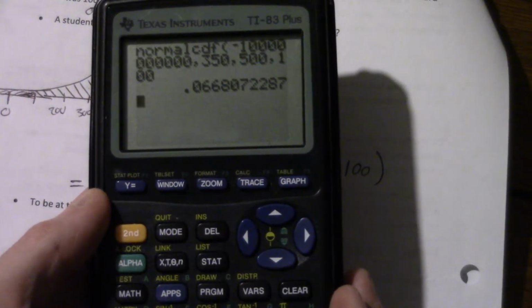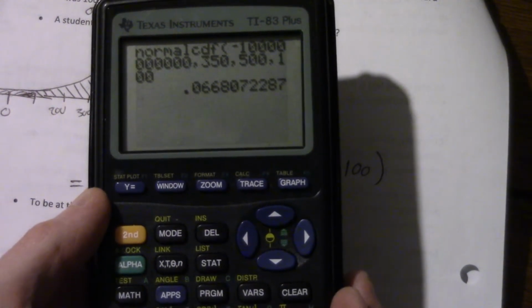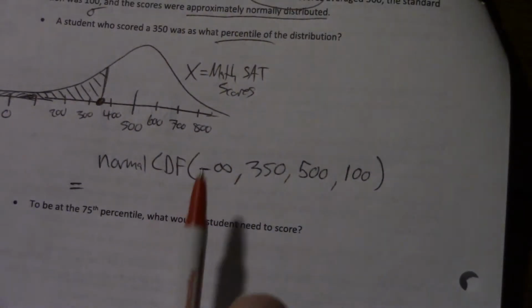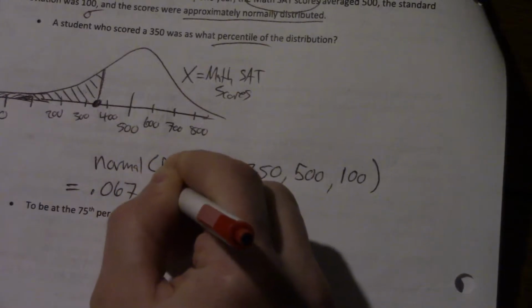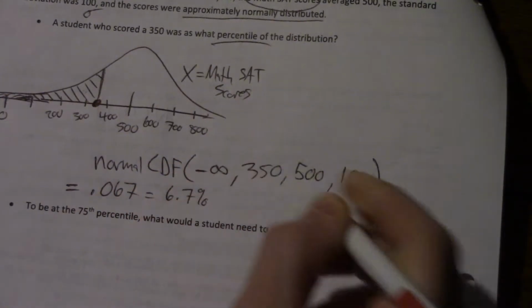So 0.067, we'll call it. And that's the same as 6.7%.